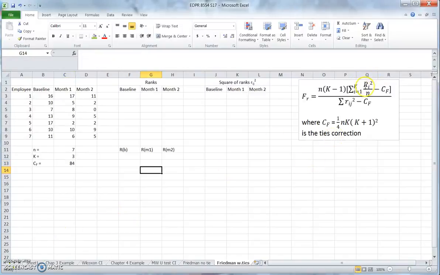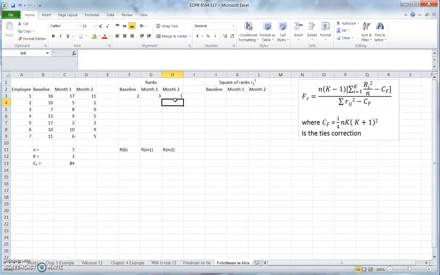Next, in order to figure out the value for Ri squared, we actually need to rank the scores first. Again, we're going to rank the scores within the same observation. So I have 1, 2, and 3 for 11, 16, and 17. Right.